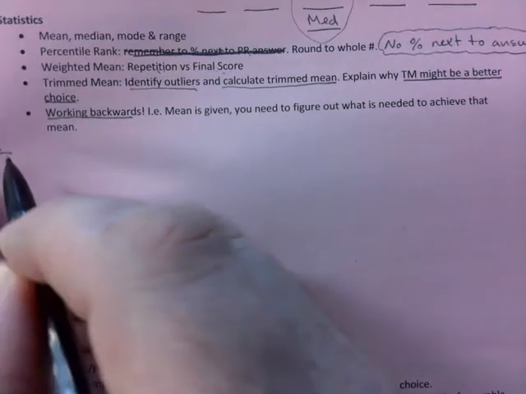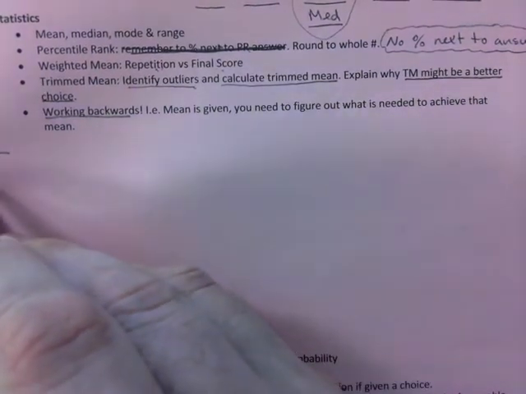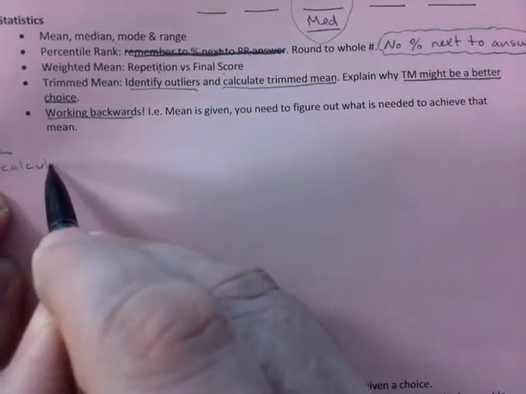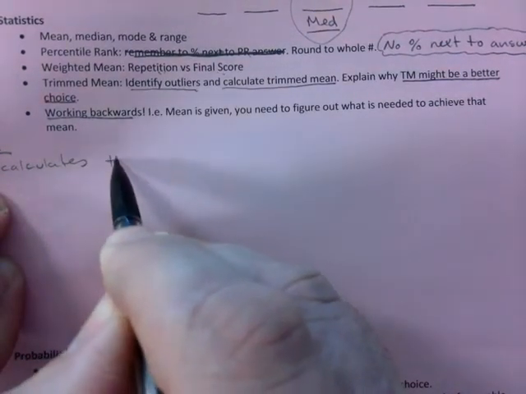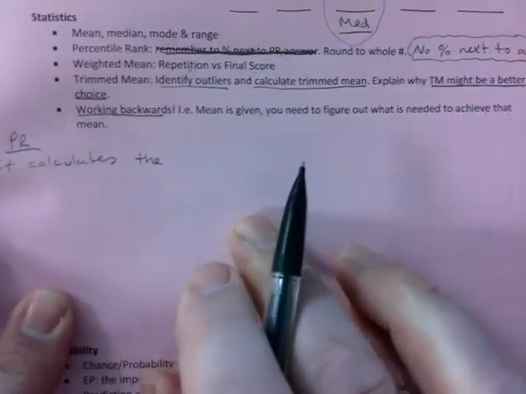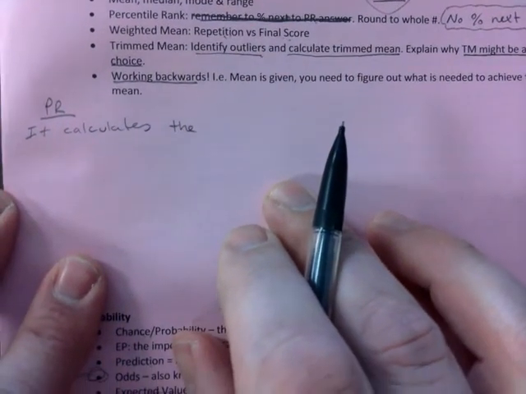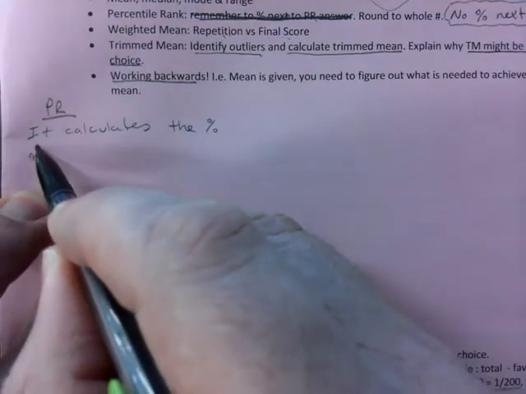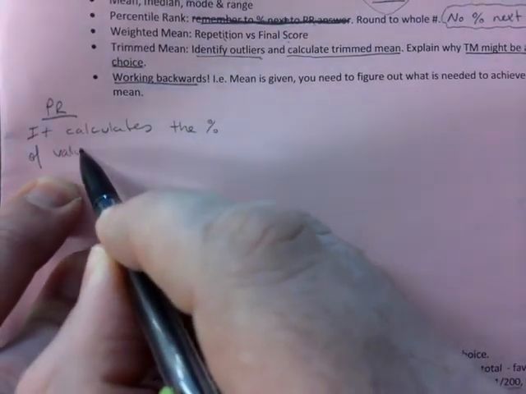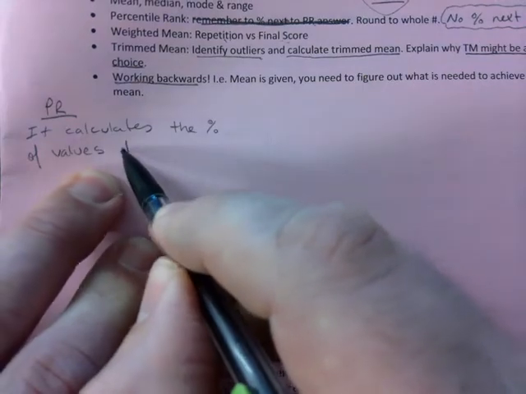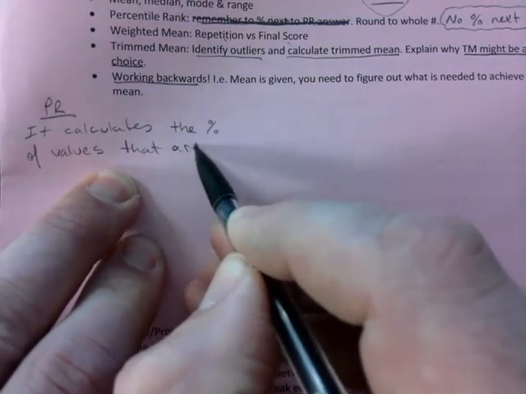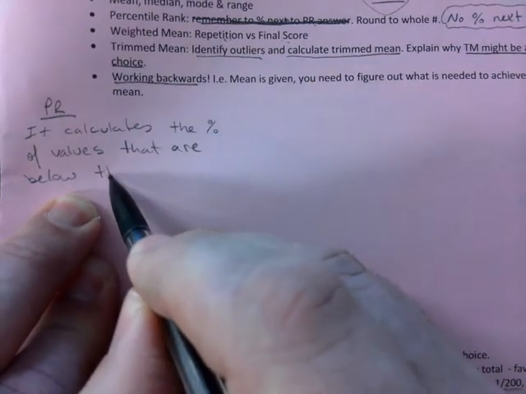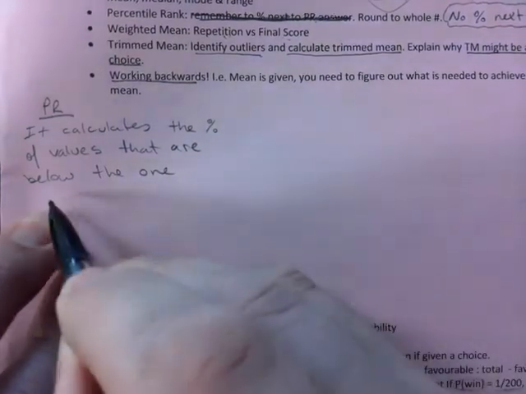Percentile rank calculates the percentage of values that are below the one considered.